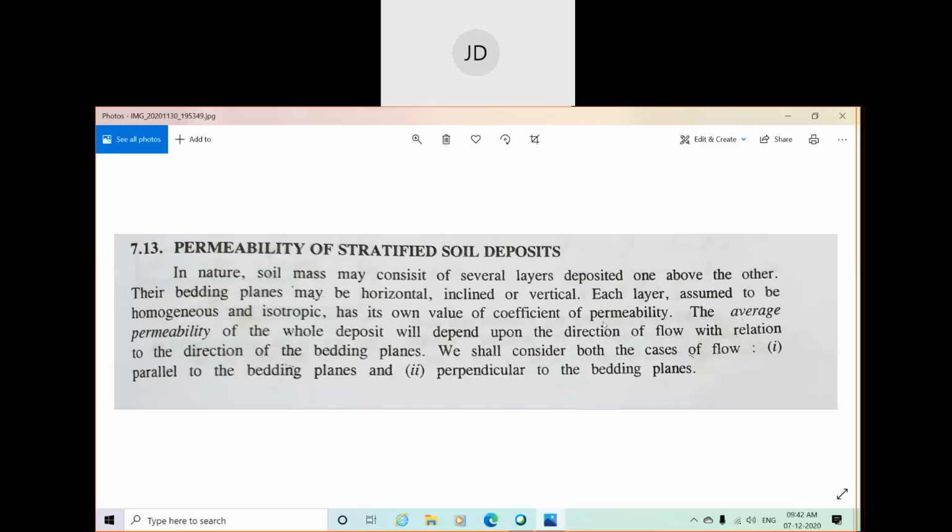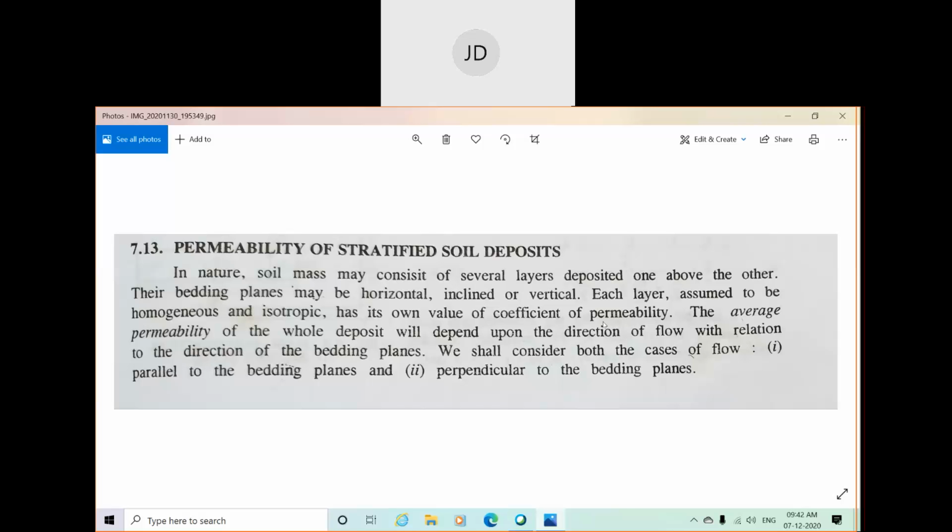And when the flow of water is perpendicular to the stratified soil, then the coefficient of permeability is, say, K2. So this K1 and K2 may not be the same.